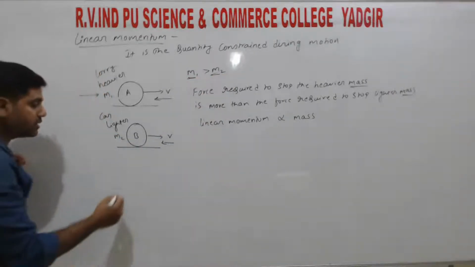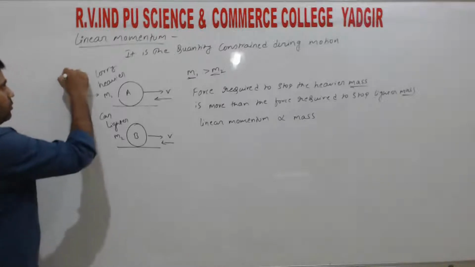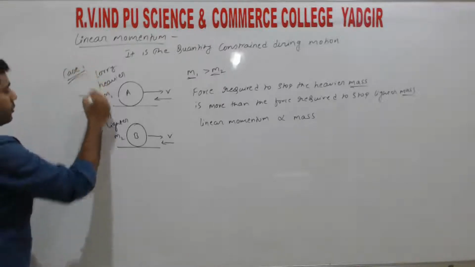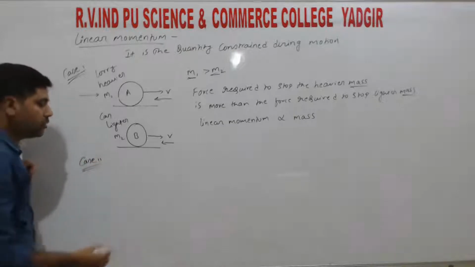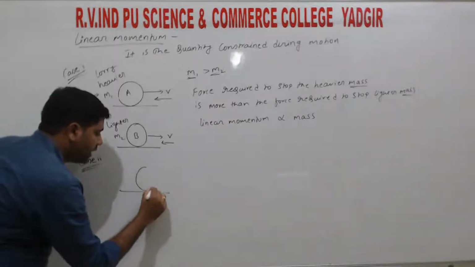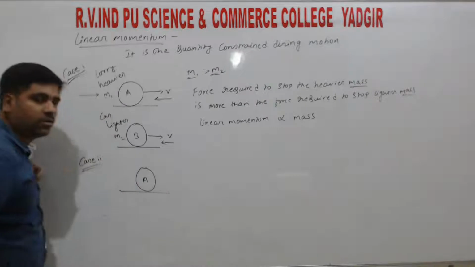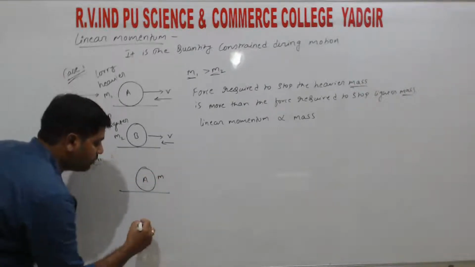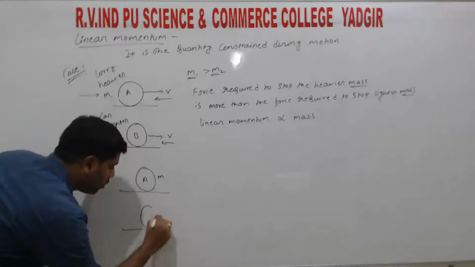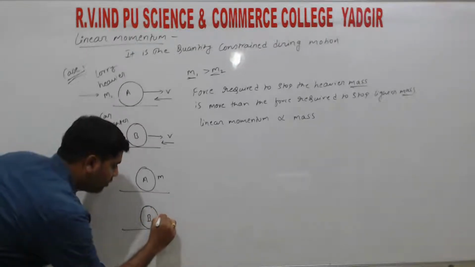So in the second case, consider again the same two objects, object A having mass m and object B having mass m.